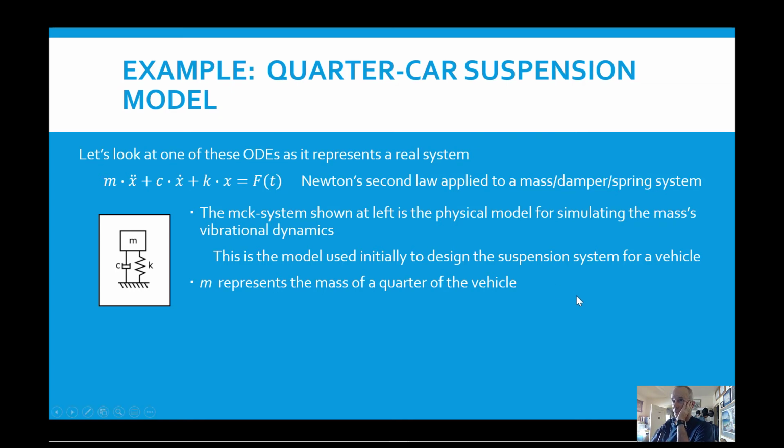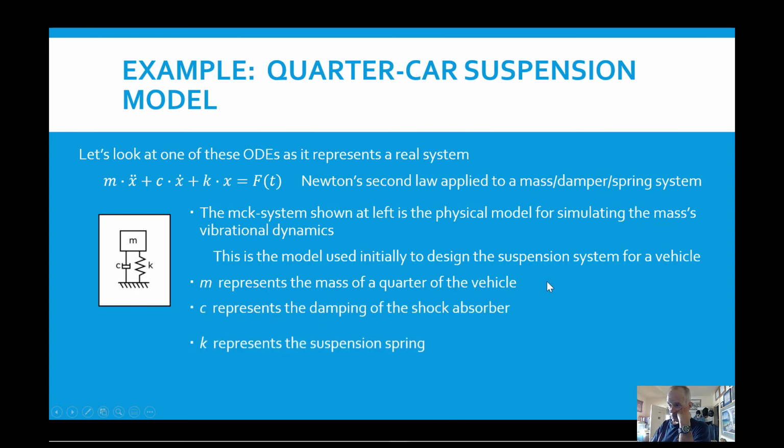The vehicle has 4 wheels, and if the mass were evenly distributed on those 4 wheels, then you would use a quarter of the mass. If it's not, you'll have to take that into account and basically use the amount of mass that is above a particular wheel or shock absorber and spring. C is the damping constant for the shock absorber, and then K represents the suspension spring.